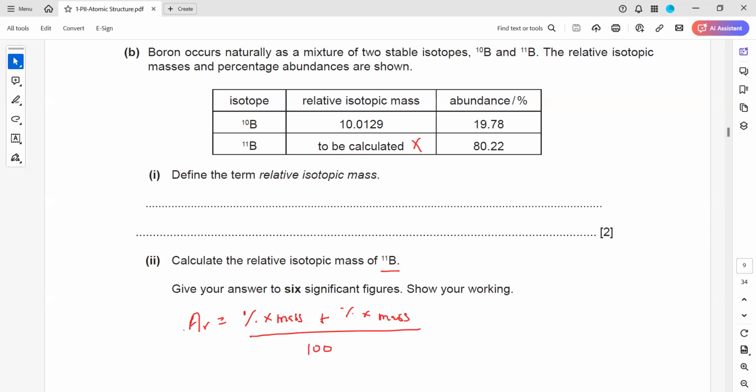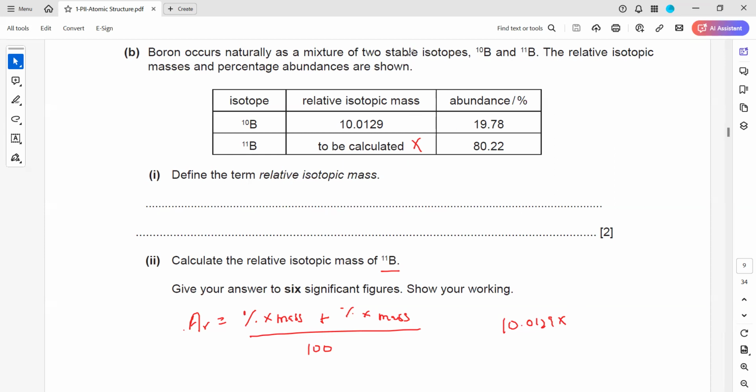Now, the mass of the isotope is given, 10.0129. So we have 10.0129 multiplied by... like this is the mass of this isotope, and this one is the abundance, which is 19.78.